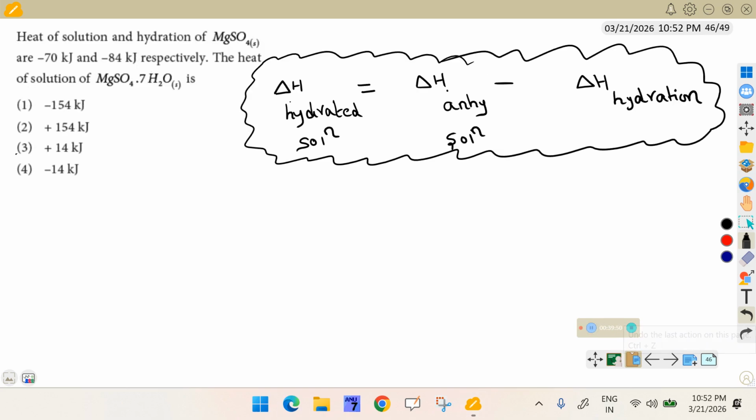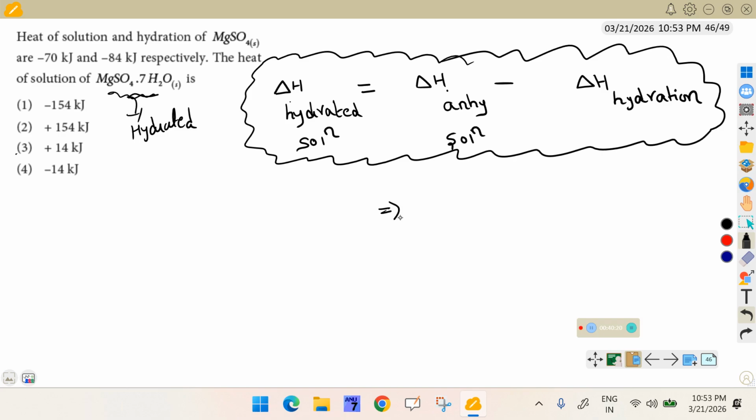Heat of solution and hydration of MgSO4 are minus 70 kilojoules and minus 84 kilojoules respectively. The heat of solution of MgSO4.7H2O, this is hydrated solution. Enthalpy of hydrated solution is equal to enthalpy of anhydrous solution minus enthalpy of hydration.